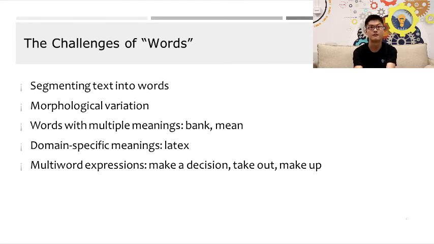We handle morphological variation, since words are not always in their lemma. We meet words with multiple meanings, as I mentioned, bank. And words have their domain-specific meanings. The NLP model also struggles to understand multi-word expressions, or what we call phrases in English. Make a decision, take out, or make up.